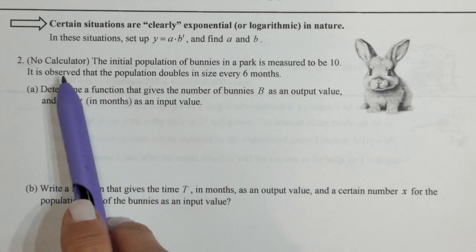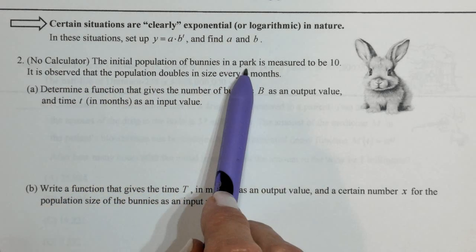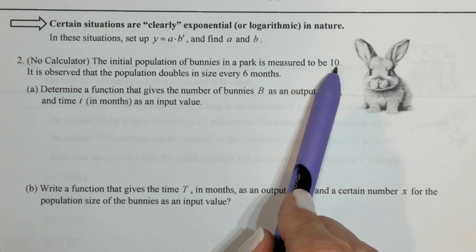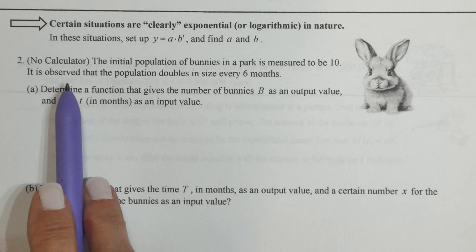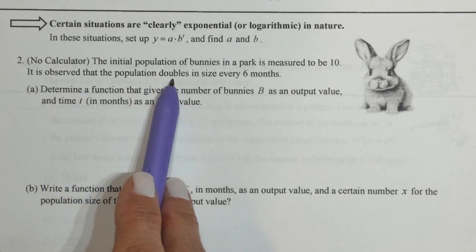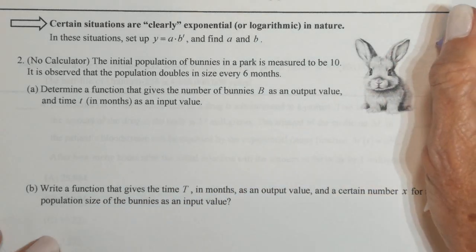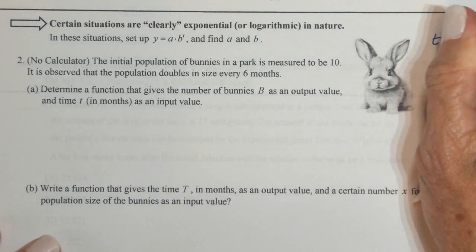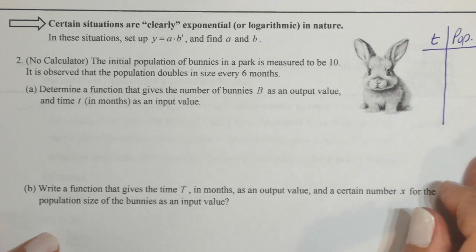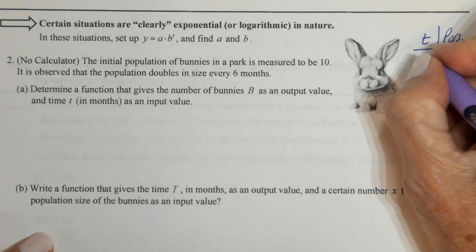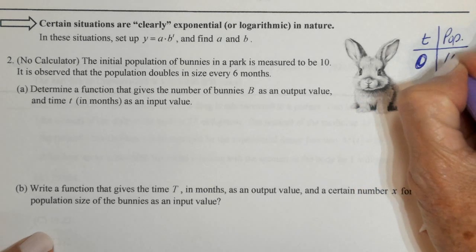Let's take a look. The initial population of bunnies in a park is measured to be 10. So we start with 10 bunnies in the park. And it is observed that the population doubles in size every 6 months. Let's think about that. If I were to write a little chart, a time versus population chart, at time 0, I have 10 bunnies.